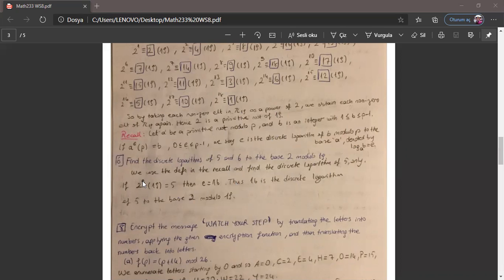So 2 to the e modulo 19 should be equal to 5. Then if you make some operations, it's not that hard, you will obtain e equals 16. Thus, as it satisfies this definition, we say 16 is the discrete logarithm of 5 to the base 2 modulo 19.